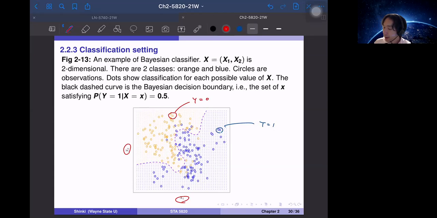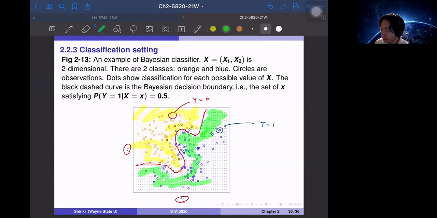And this is the so-called decision boundary. So that means that this model predicts the observations have y is equal to 0 if the observation range is in this part, and y is equal to 1 if observations are within this range.